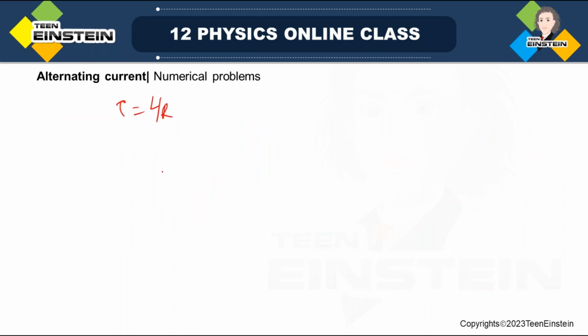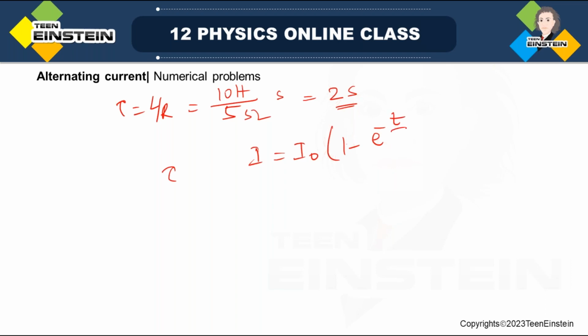L is 10 Henry and resistance is 5 ohm, so tau is 10 by 5, which is 2 seconds.